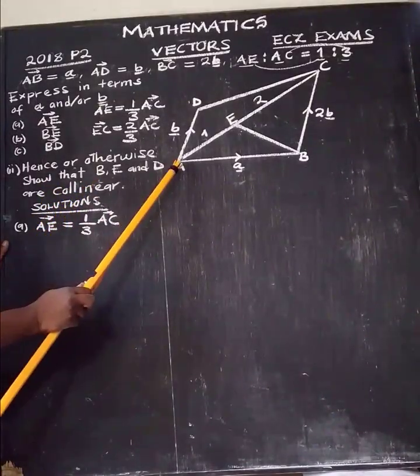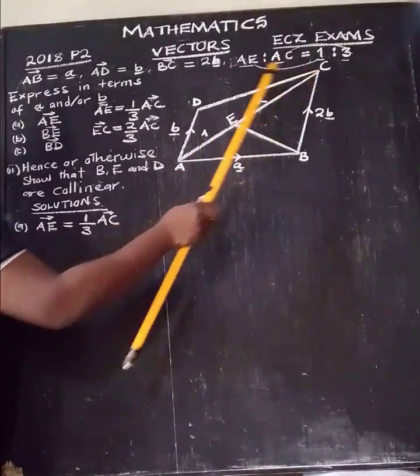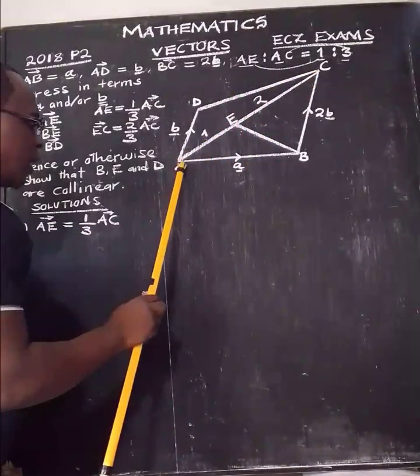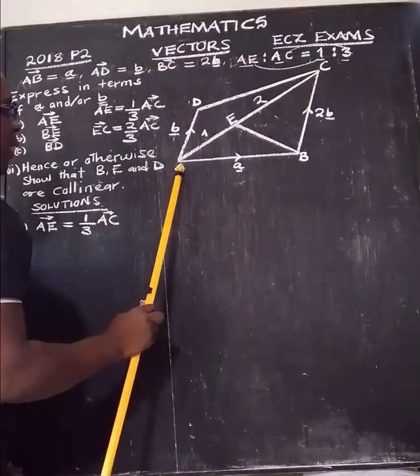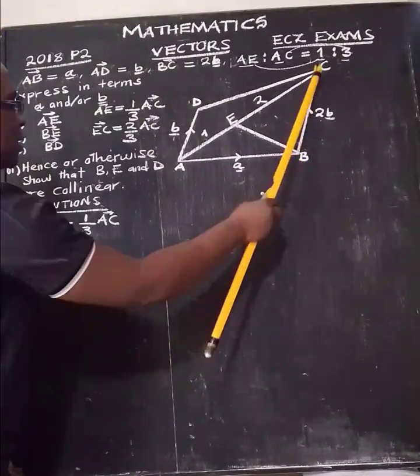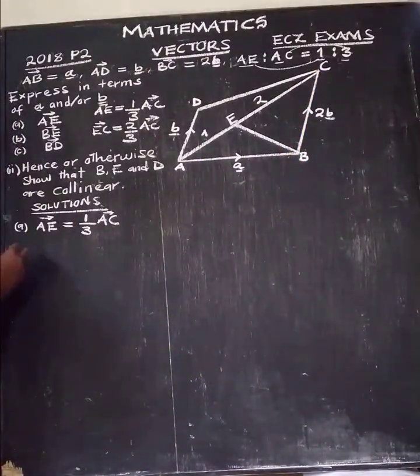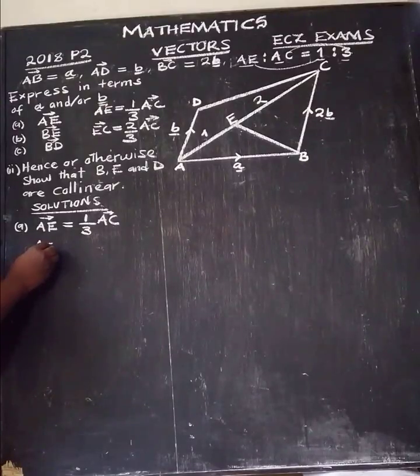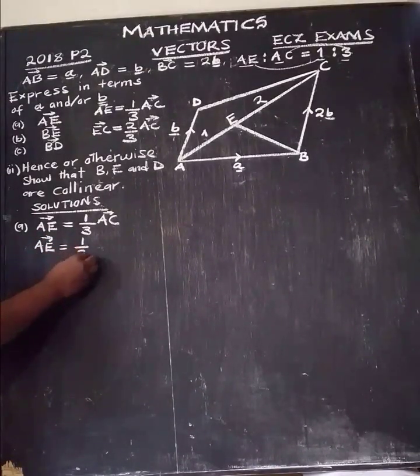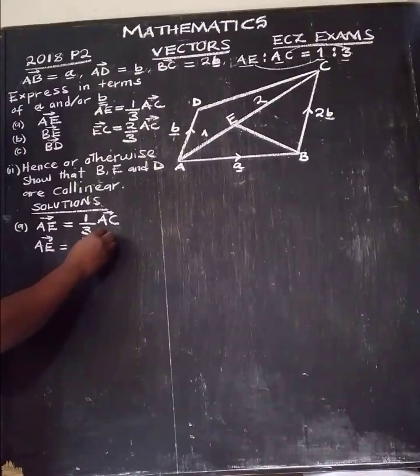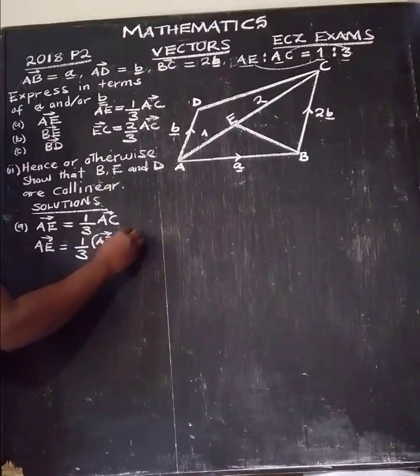We know how we can move from A to C. So for us to move from A to C, we can say AB plus BC. So we say AE is equal to 1 over 3 of AC. Now AC can be found by saying AB plus BC.